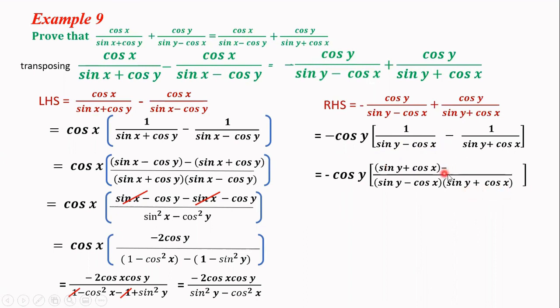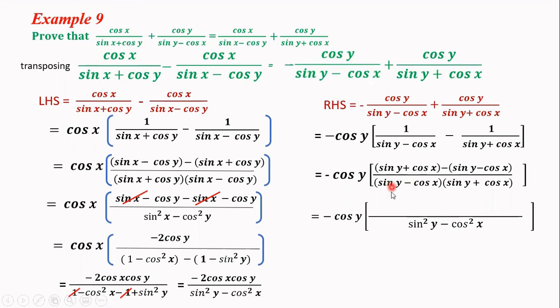Minus is here, and in the second term, the numerator 1 must be multiplied by this sin y minus cos x. Next step, the denominator sin y minus cos x, sin y plus cos x is in the form of a minus b, a plus b, whose formula is a square minus b square. So we write here sin square y minus cos square x.